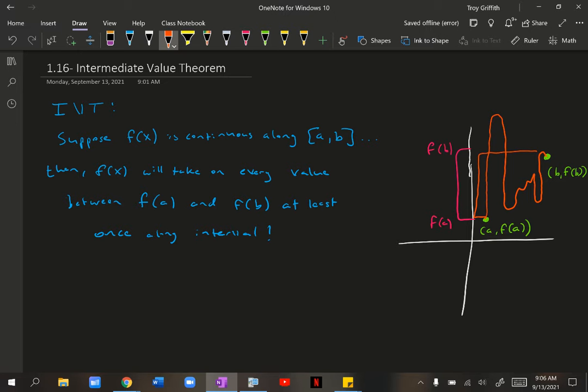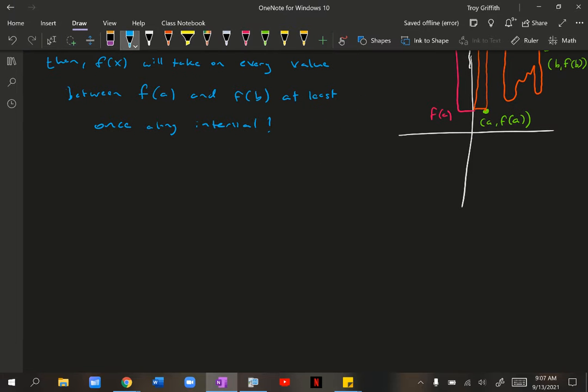So let's go ahead and look at some different problems here. First of all, one question that I'd like to ask is why does the continuous part matter? Because you should always think, for most theorems, some initial condition must be met to even start thinking about the theorem, and we should wonder why that initial condition needs to be met.